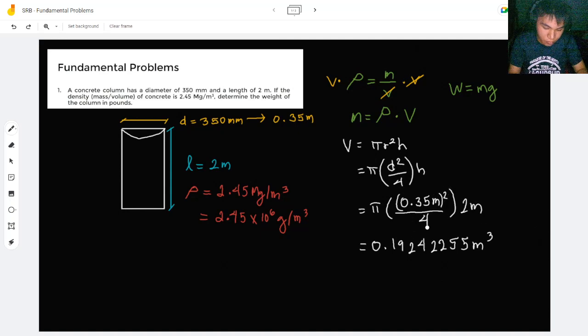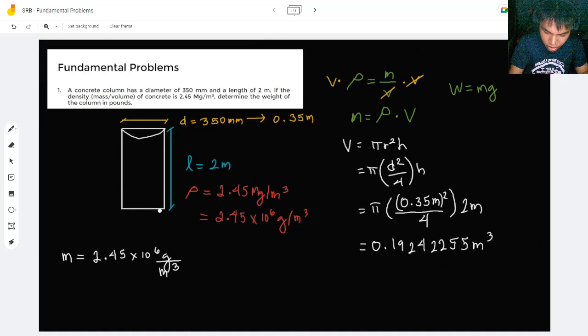Okay, and now that we have that, we can substitute that to our volume here. So let's do that here. We have our mass, and that would be equal to the density, 2.45 times 10 raised to the 6th power grams per cubic meter.